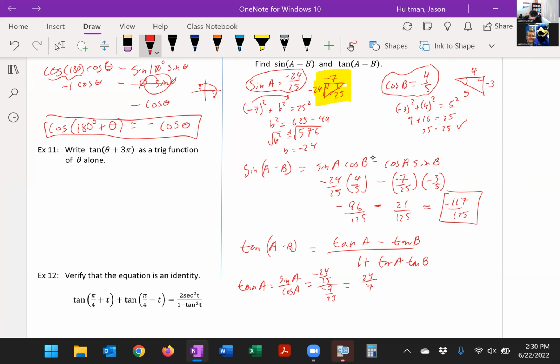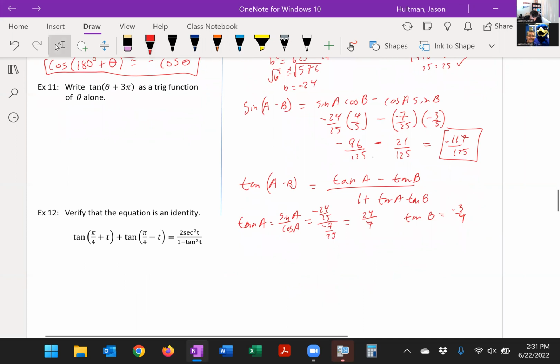Okay, and then if we look at the other one, what's the tangent of B? Okay, maybe I'll just go to the triangle that we made. The tangent of B is just negative 3 over 4. So I don't even have to do the sine or cosine. Those are 2 different ways of getting the same answer, just to show you there.